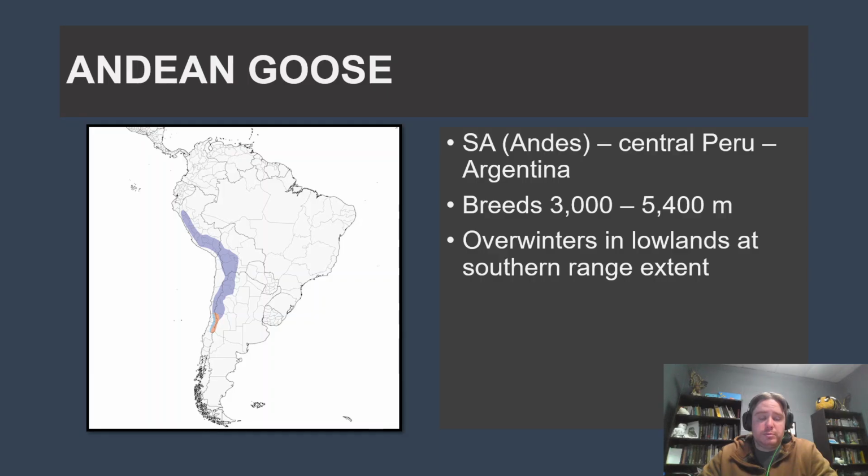It does move from high elevations to low elevations in the southernmost extent of its breeding range. That far south, the high elevation Andes are extremely harsh in the winter, so those birds have to move from high elevation areas to the lowlands in the wintertime.